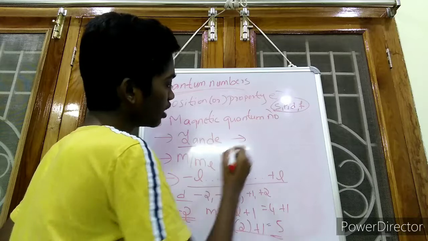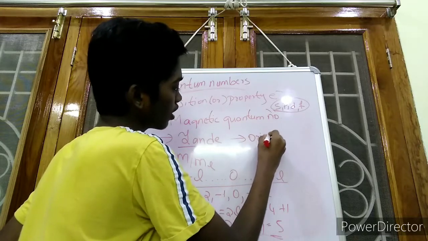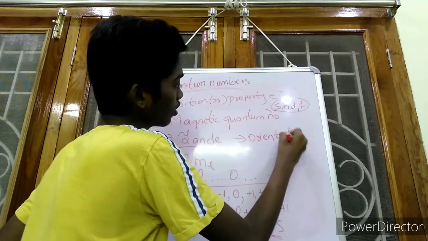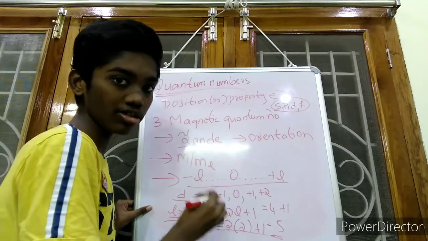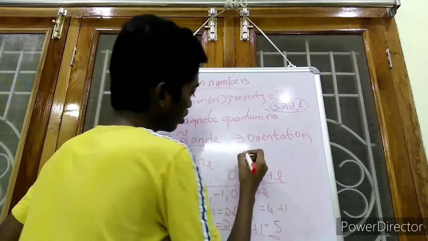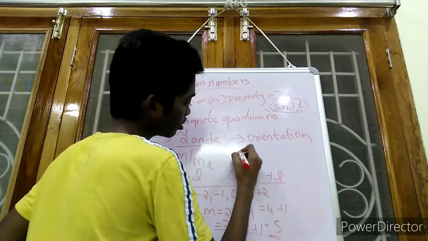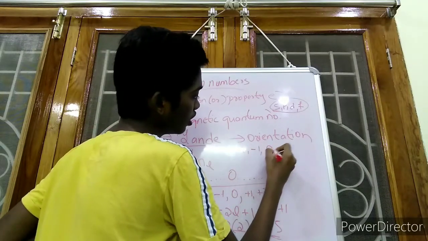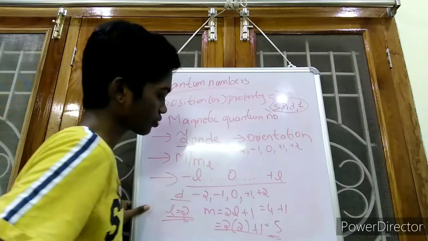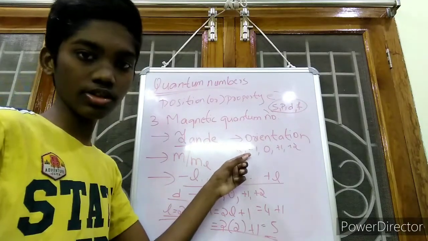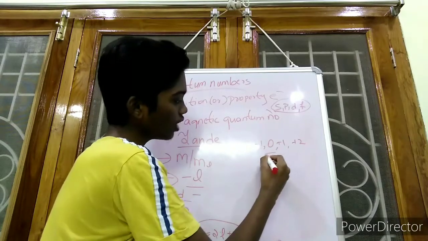The magnetic quantum number gives the orientation of the subshell. It gives the orientation of orbitals in an atom. If we see minus 2, minus 1, 0, plus 1, plus 2, the total number of values is 5.